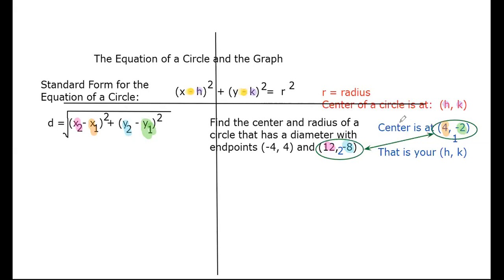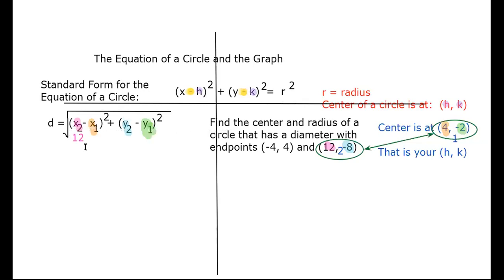So what we're going to end up with is the square root of 12 minus 4 quantity squared plus -8 minus -2 quantity squared. We're going to take those and we're going to plug it into our calculator exactly that way. Our X2 is 12.